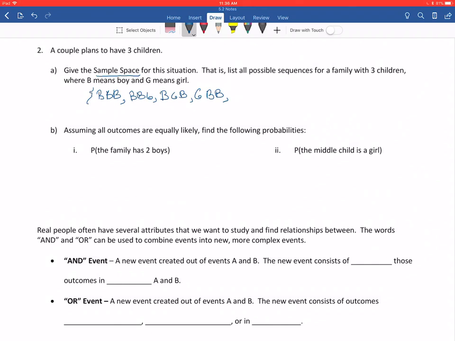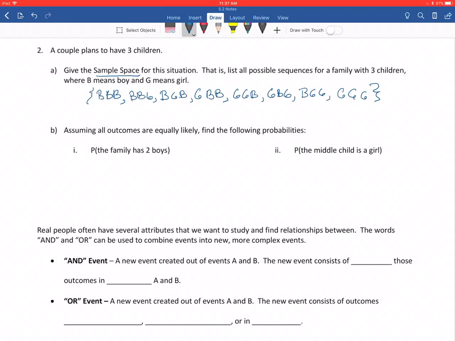So that would be 3 boys, 2 boys, and then the other options would be maybe there's 2 girls, so maybe it's girl, girl, boy, girl, boy, girl, or boy, girl, girl, and then finally there could be 3 girls, and that would be the sample space, all possible options. So in this case there are 1, 2, 3, 4, 5, 6, 7, 8 different options in our sample space.